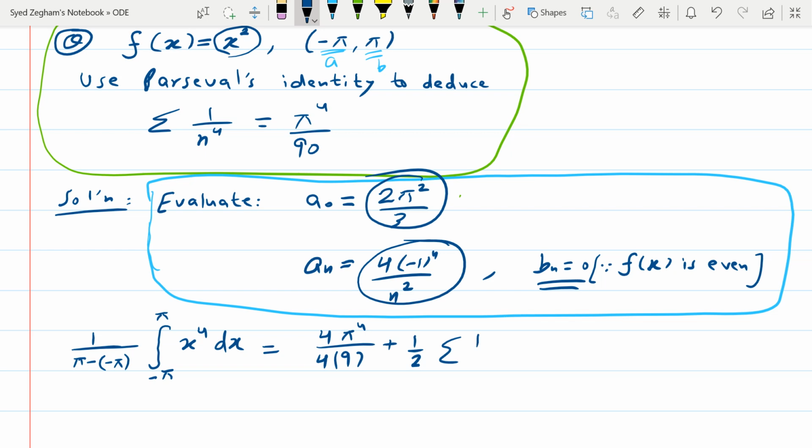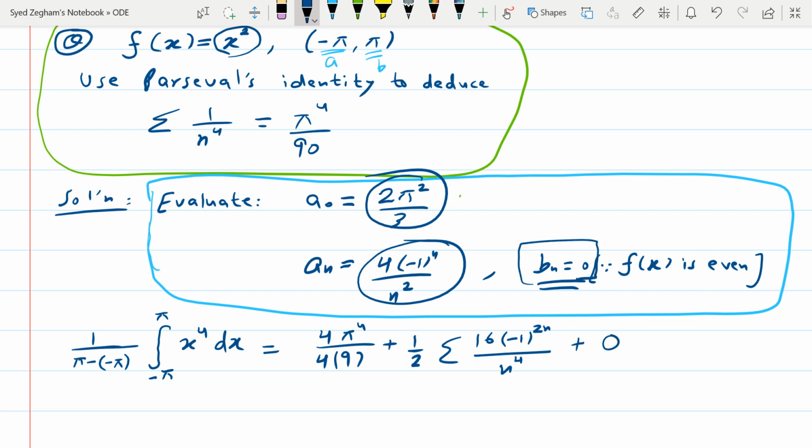So 4 square will be 16 minus 1 to the power n whole square. So that will become 2n divided by n square power 2. That will become n power 4, right? And the third term is 1 by 2 summation of bn square. We have bn equal to 0.